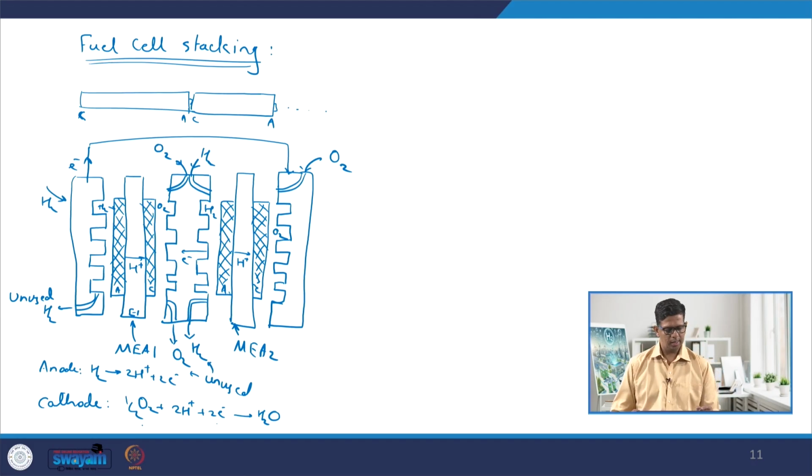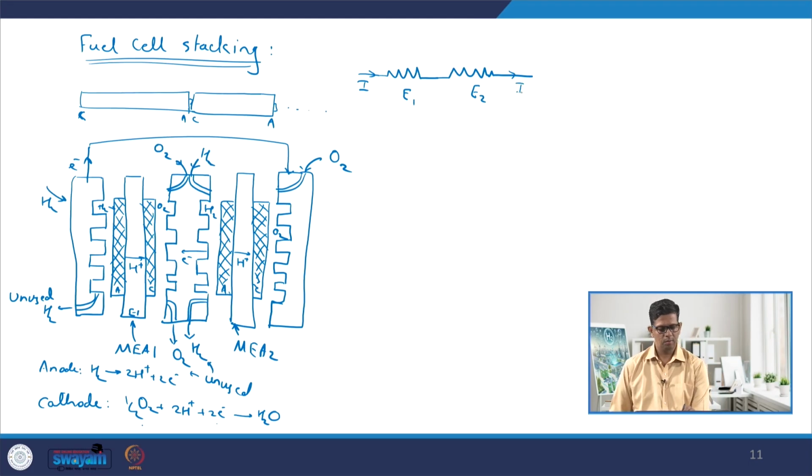So, how is the electrical circuit of this cell? As we can see, this is our cell 1, which has E1 as a potential, and then we have the second cell which has E2 as a potential, and we have the same current flowing in both of the cells.